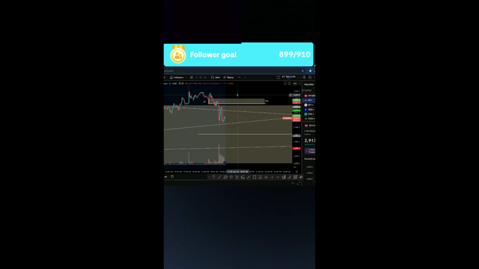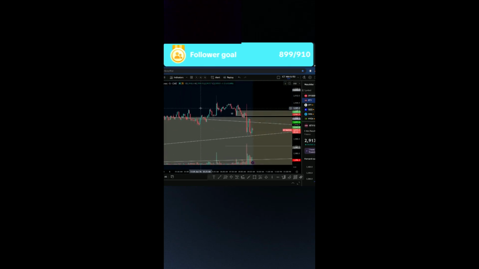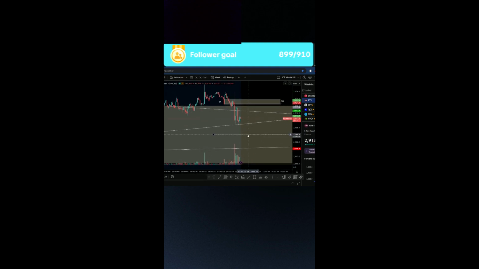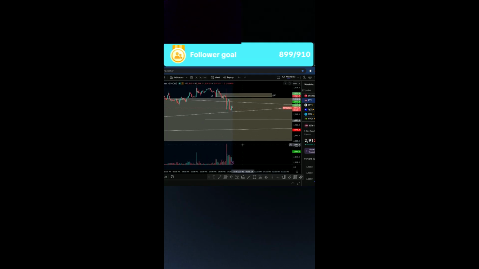And we have this liquidity taken. So we're looking for that 930 open to basically move to the downside to either terminate here, or it could possibly go all the way to the other side of this level 2.